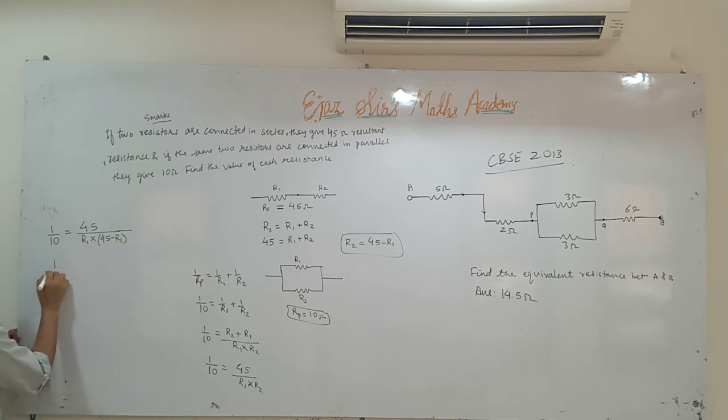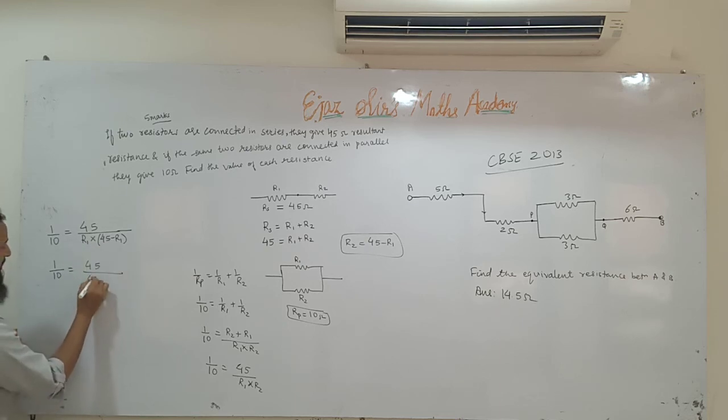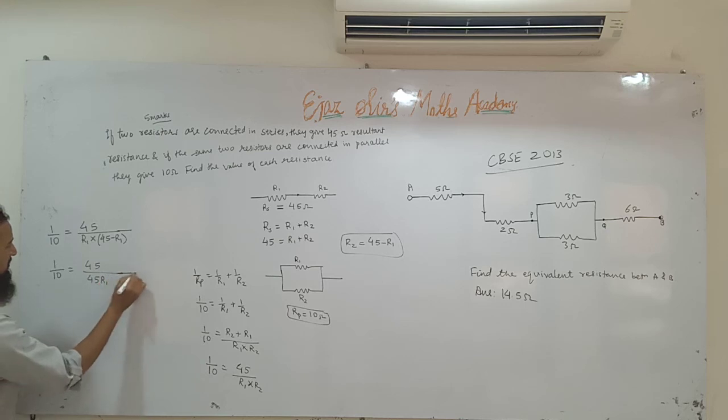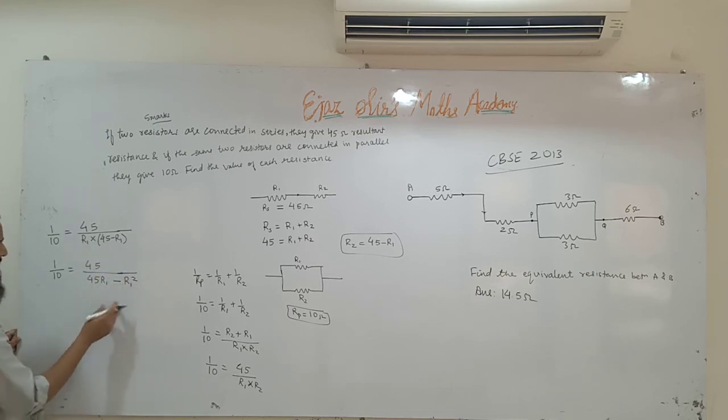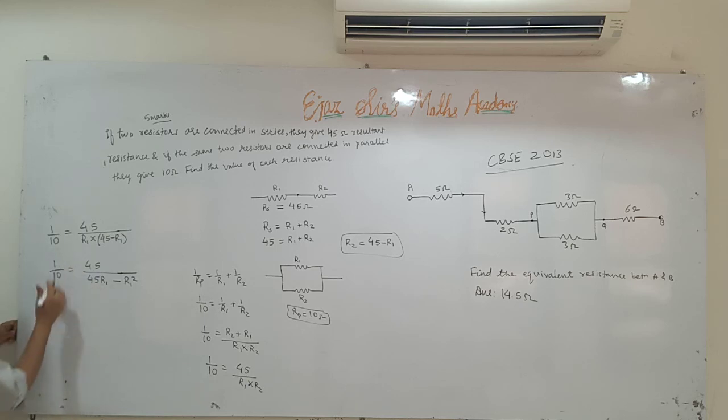Now let us solve. 1 by 10 is equal to 45 upon 45 R1 minus R1 square. Let us cross multiply. So it will become 45 R1 minus R1 square is equal to 10 into 45.